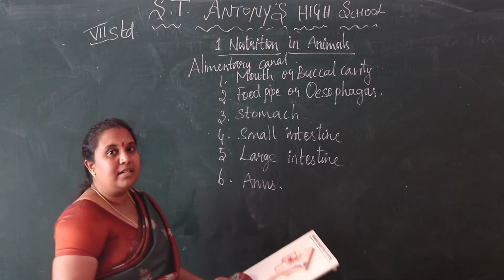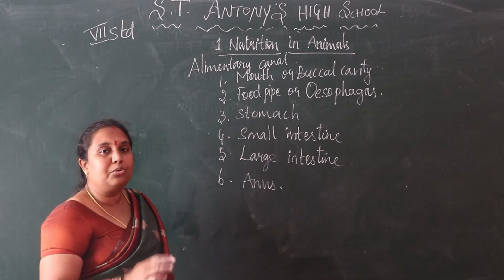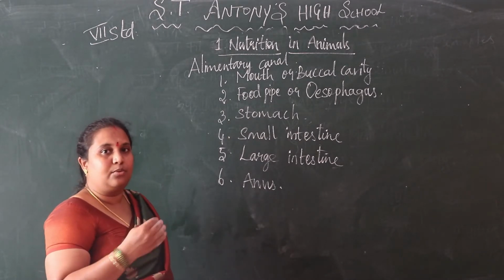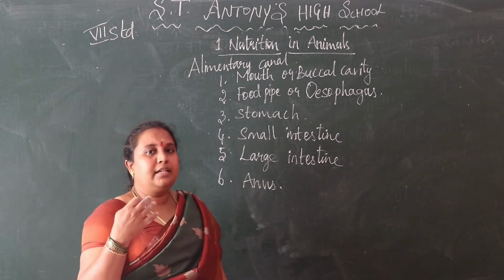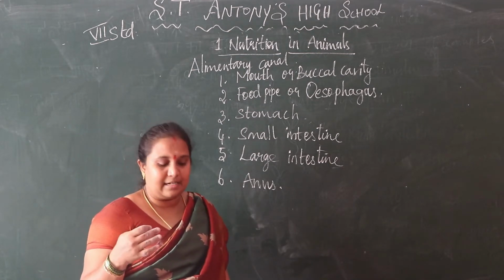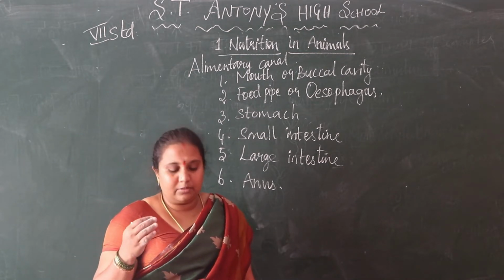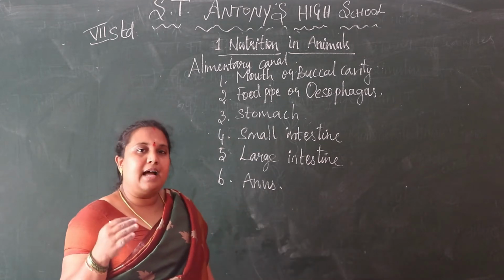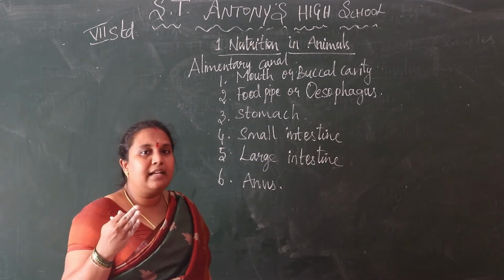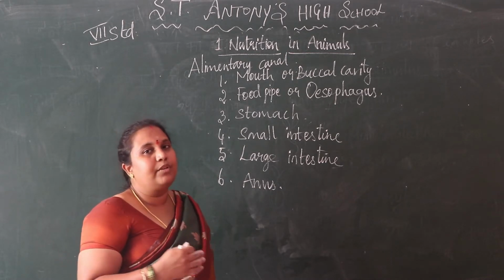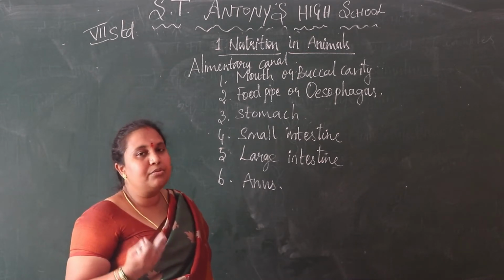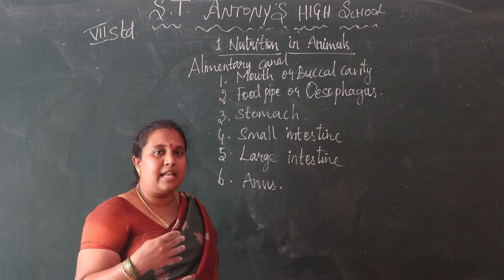In the human digestive system we want to include some more things. We have to include the glands. We have three glands included with this alimentary canal. What are those glands?